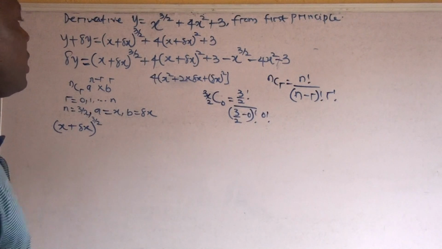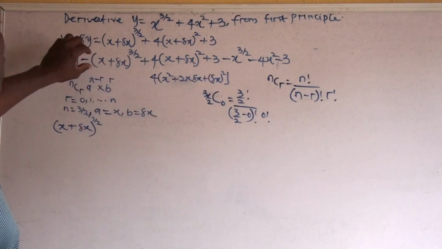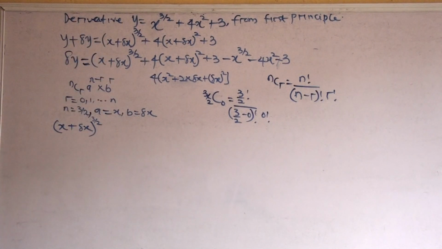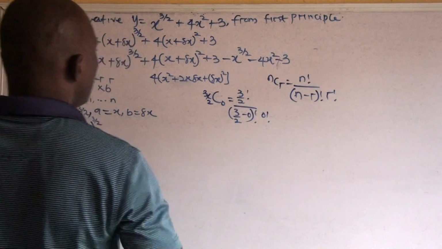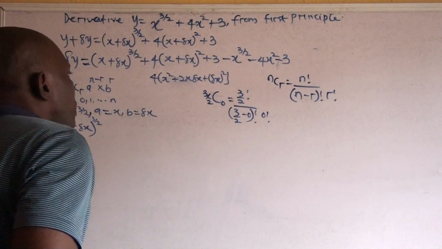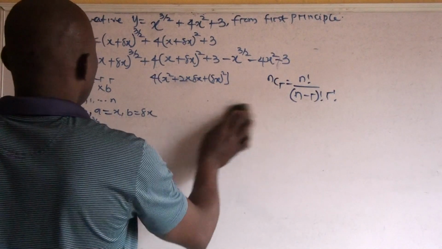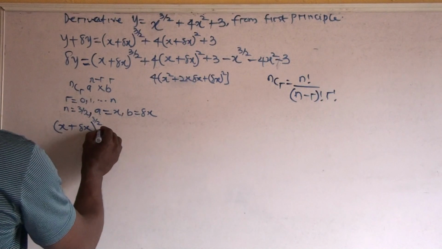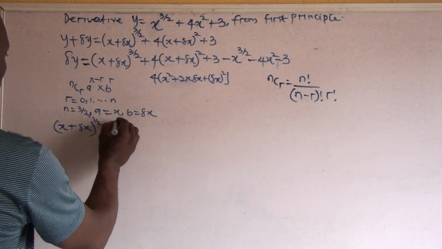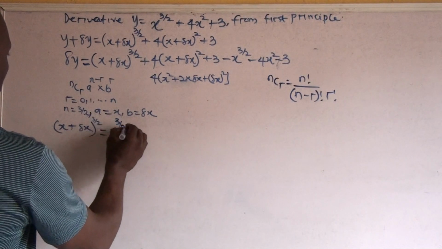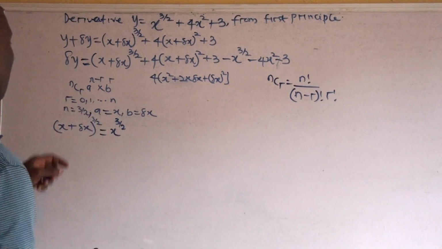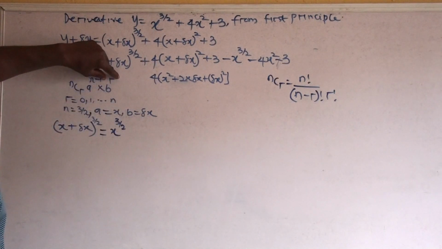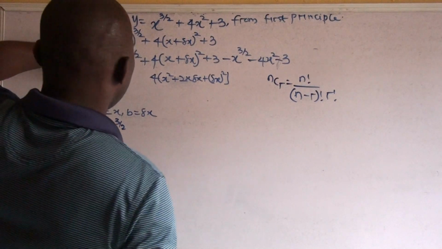So if we look at this, the coefficient of x and delta x from the first expression is going to give us 1. So 3 over 2 combination 0 is going to give us 1. So in that case, we have nothing to be worried about here. So on this expansion, the first term is going to be x raised to power 3 over 2, because there your delta x is raised to power 0 because r is equal to 0 in that case.